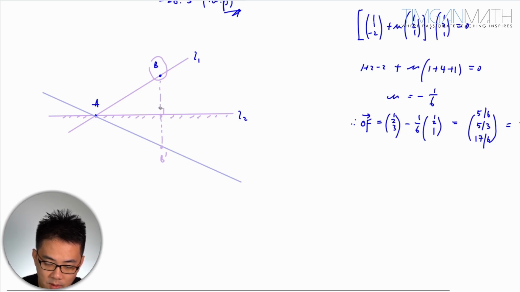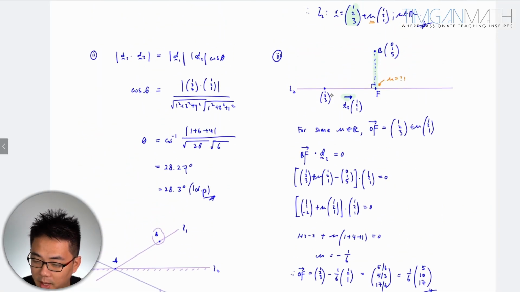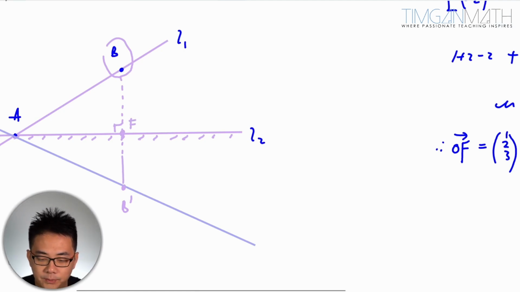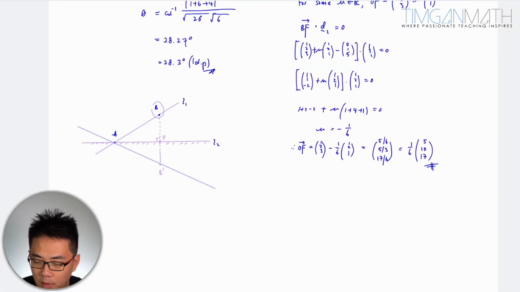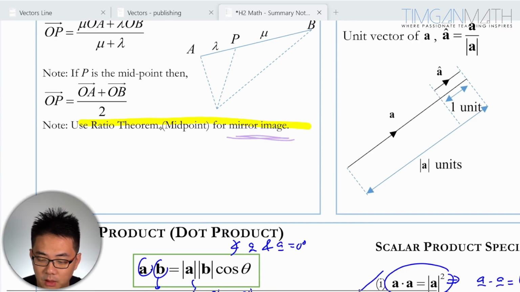This is the foot of perpendicular here, which is what we found just now: B to line L2, which is F. So this part here is F. Okay, so it goes back to what I mentioned before, which is what I asked you to highlight. Anything to do with mirror image, you need to use ratio theorem, midpoint.